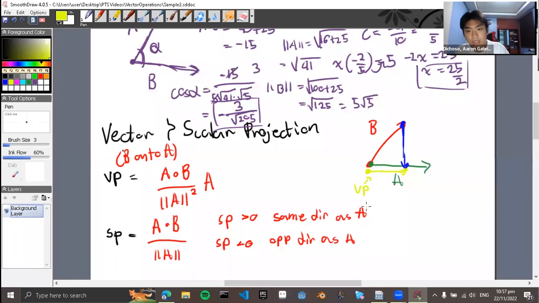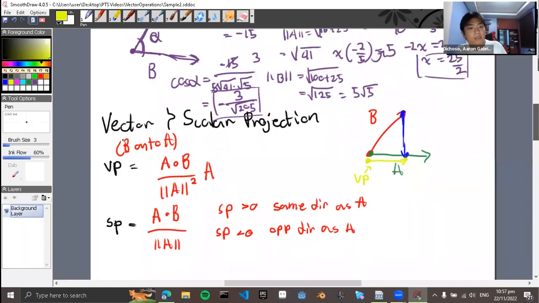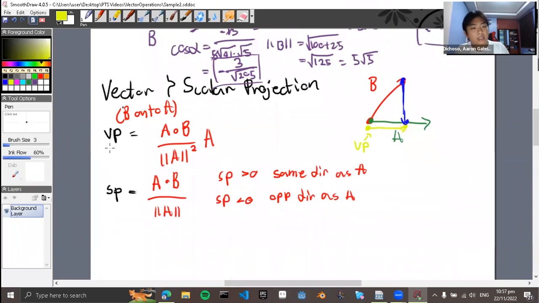Ito yung VP natin, yung vector projection. Additionally, makikita natin dito that yung scale nito, yung magnitude ng vector projection, it depends on the scalar projection.